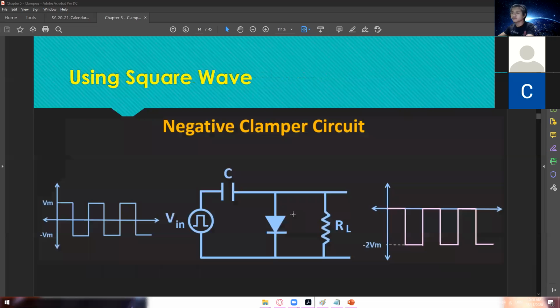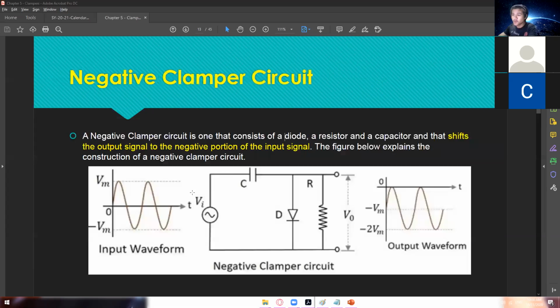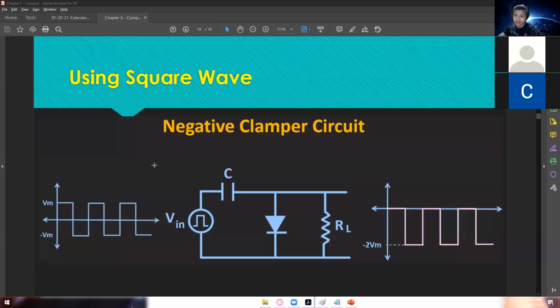All right. So this is just another example wherein I want to show you that we have other kinds of waves. We're always using sine waves, but we still have 3 other waves. The other one is a square wave, and the other 2 are a triangle wave and the sawtooth wave.